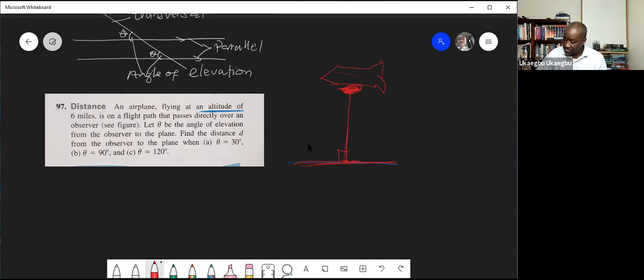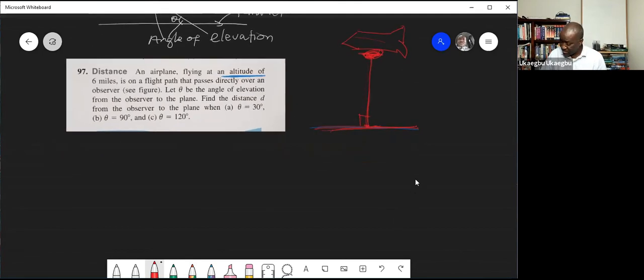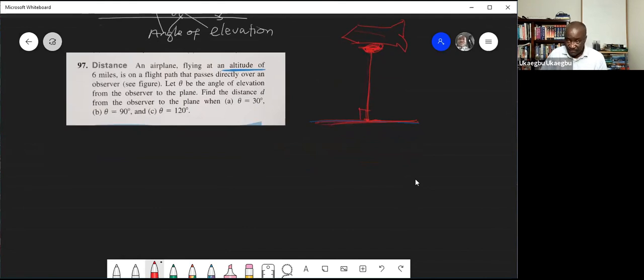And then somebody is standing somewhere, so let's draw our diagram generally. This person is standing here on the ground. If that person looks horizontally, this is going to be the person's side.